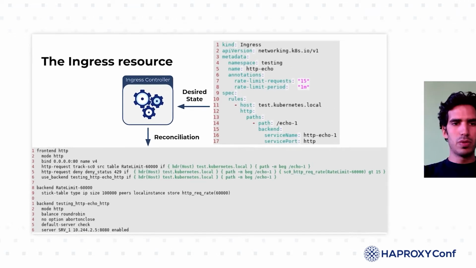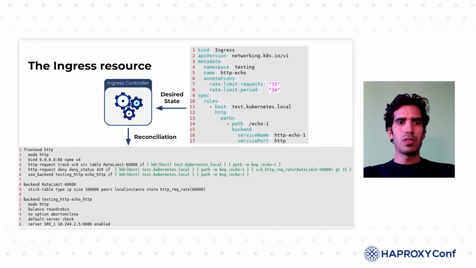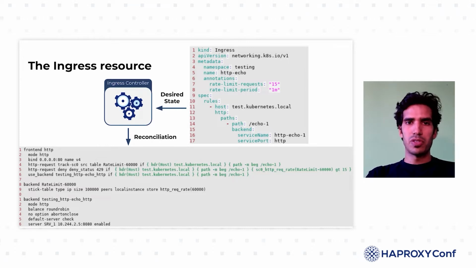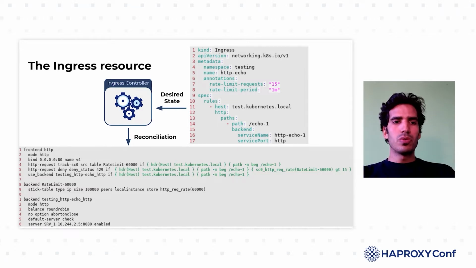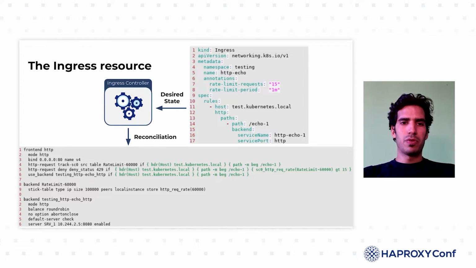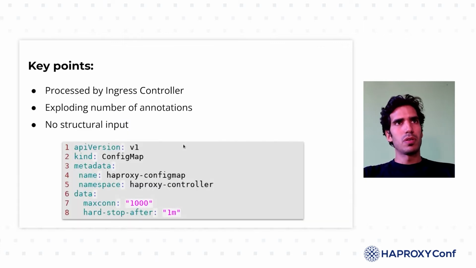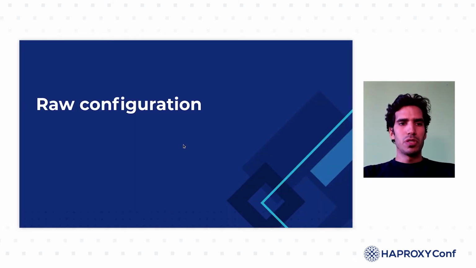And if we add to that that these annotations are not structured, this is going to make it hard for the user to find his way when customizing his routes. To overcome this, we have thought about raw configuration.